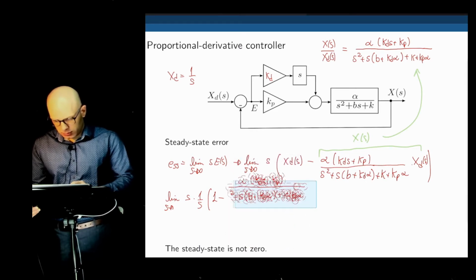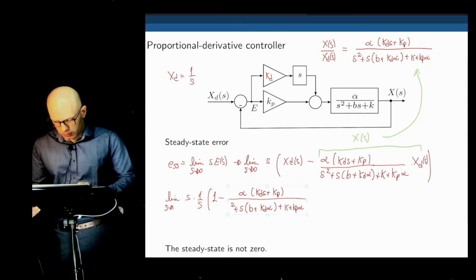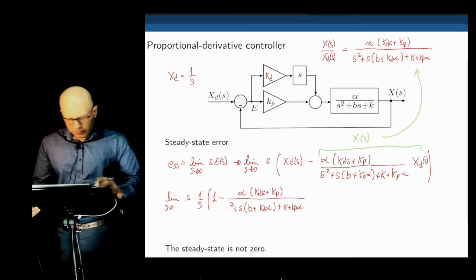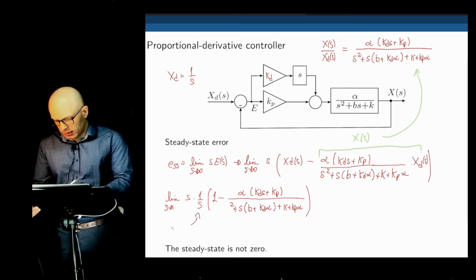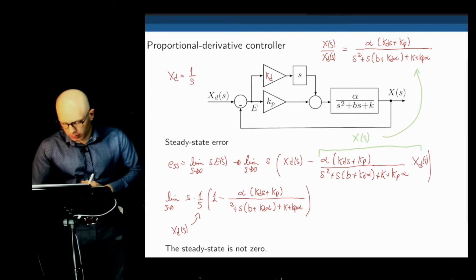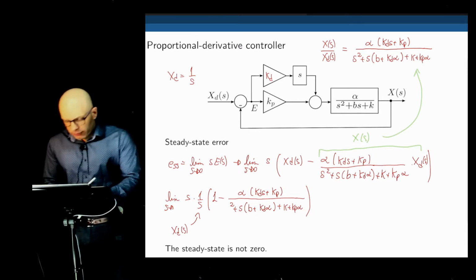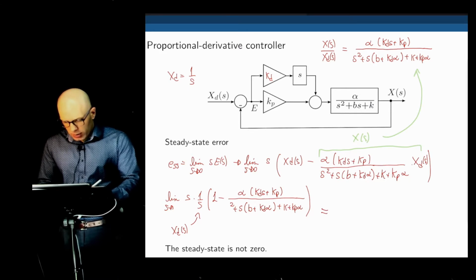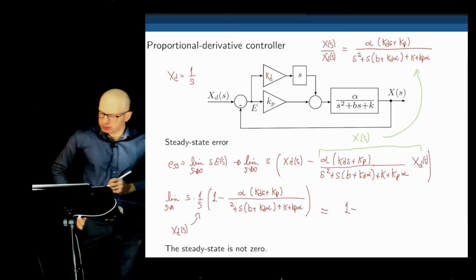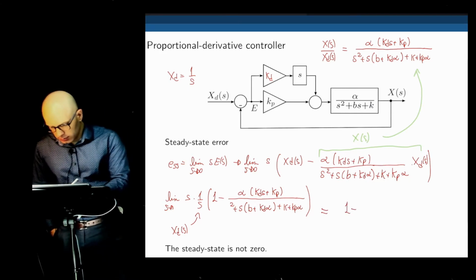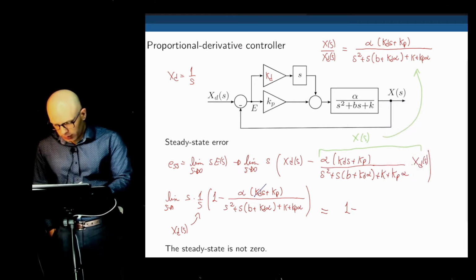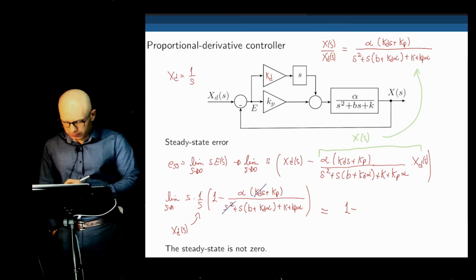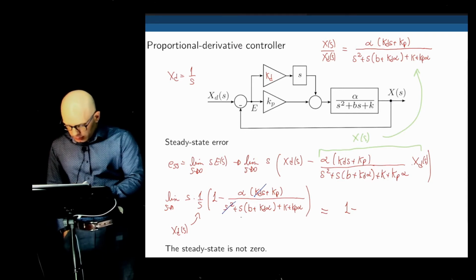This arrow is there. There we go. All right, so remember this one here is Xd of s that I'm assuming to be a step. What is the final result here? It is 1 minus all s's go to 0. That goes to 0. This goes to 0. This entire thing goes to 0.